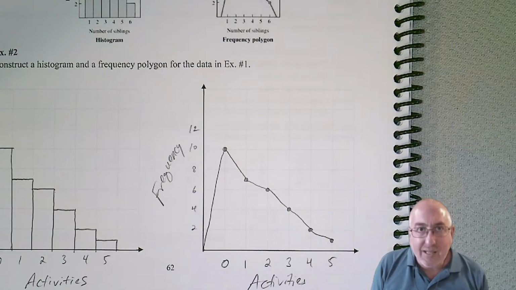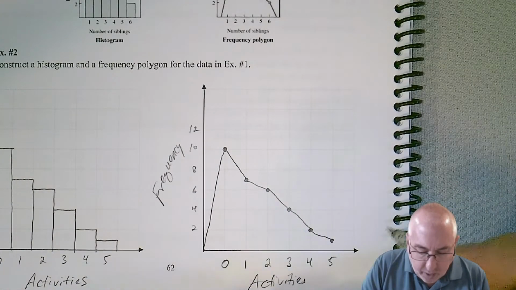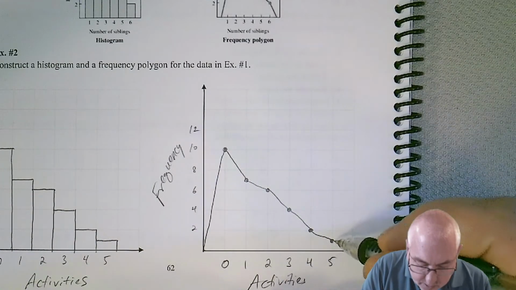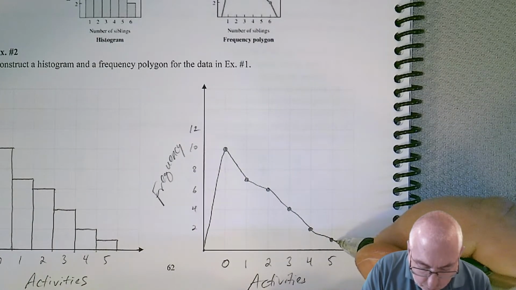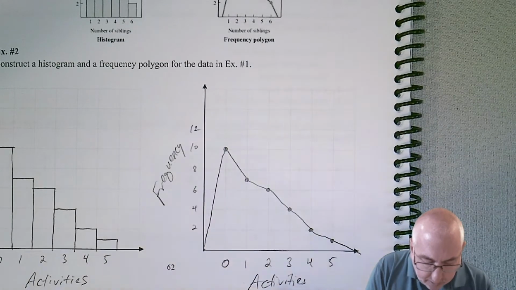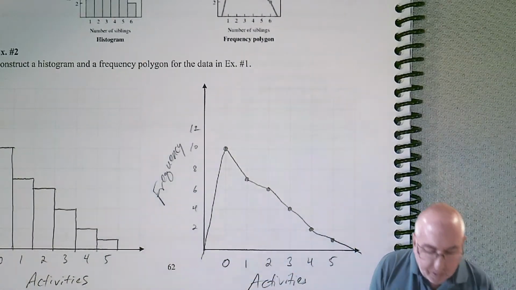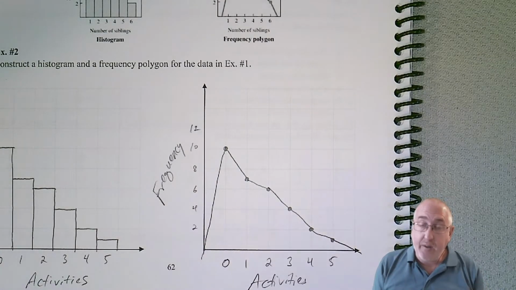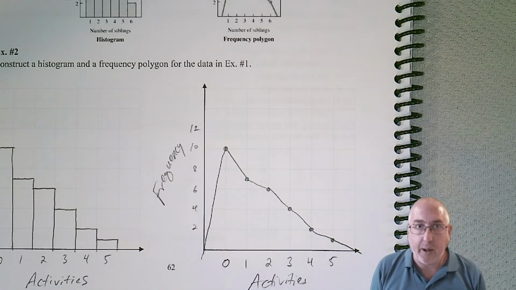That's probably the easiest spot to connect to. Over here, if you have an extra row of spaces, I'd like to just go down through the axis like that. And if you extend it beyond, that's not a big deal. But the whole shape is now closed, and so now it is a frequency polygon.